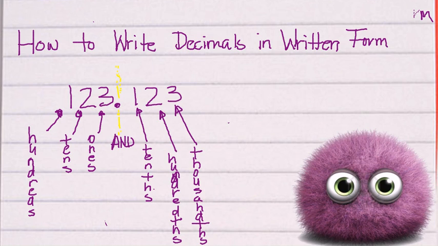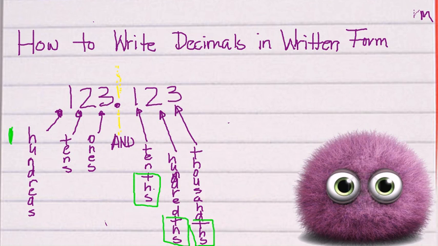When we look at the left, it's just what we've learned: place value, hundreds, tens, ones. As we go the opposite direction, if that "and" is a mirror, we go tenths, hundredths. Notice we've been just adding "ths." And after hundredths is thousandths, notice the "ths."